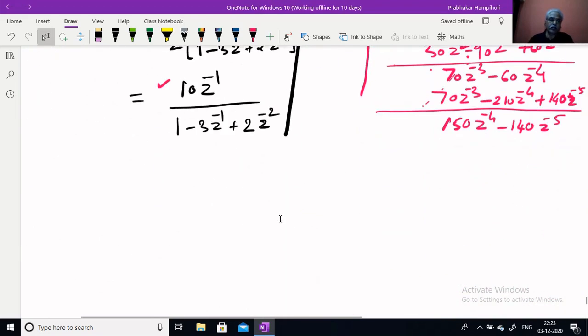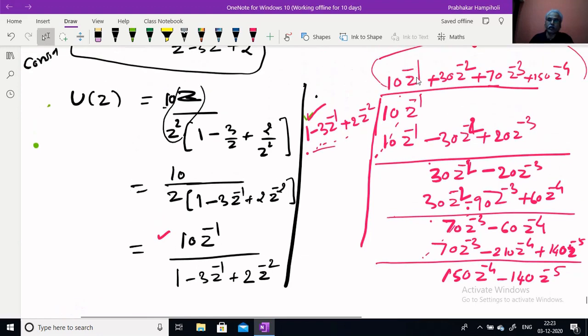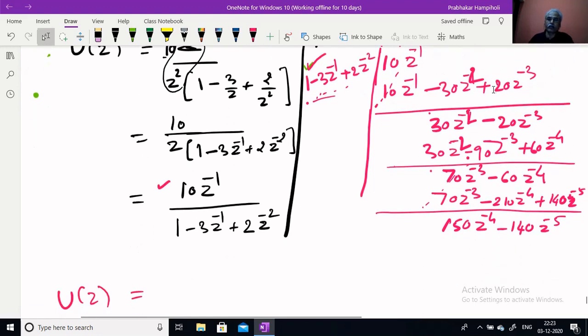So u of z is therefore equal to, see this part I am going to write, 10, 30, 70. So that part is 10 times z raised to minus 1. Second term 30 times z raised to minus 2, plus third term, can you see that, 70 times z raised to minus 3.